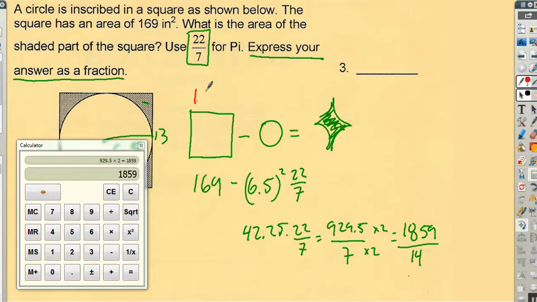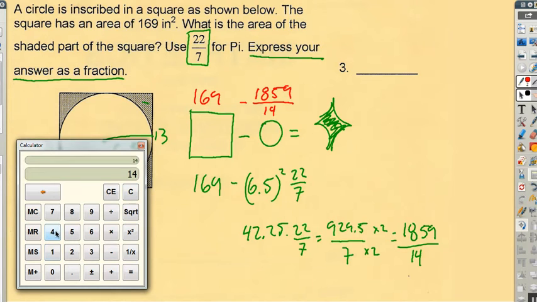I have 169 minus 1859 over 14. Well, you know that you cannot subtract a whole number and a fraction unless you turn this into a fraction with the same denominator.